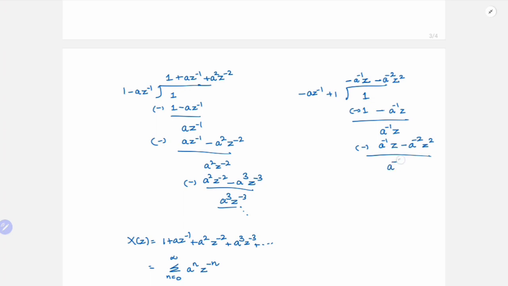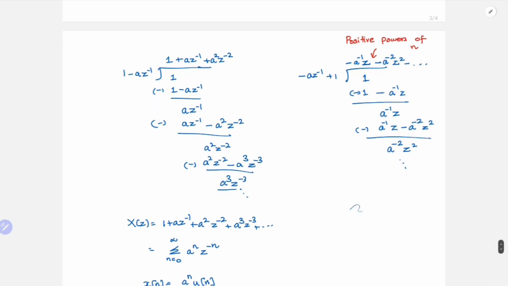This term will remain, minus a inverse square z square, and I need to keep multiplying this until I reach infinity, correct? So if you see the difference here, what do you have here? You have positive powers of z, correct? So then how can you write your x of z as?